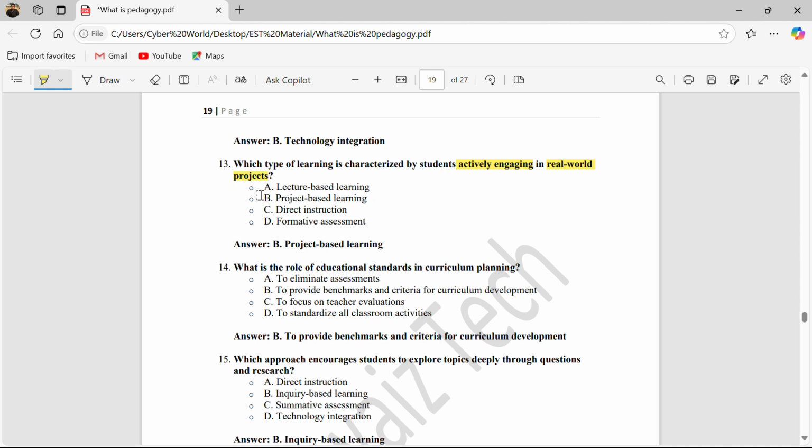This is known as project-based learning. Not lecture-based, in which the teacher focuses on lecturing, nor direct or formative. It should be project-based learning, in which students are actively engaged in real-time projects.